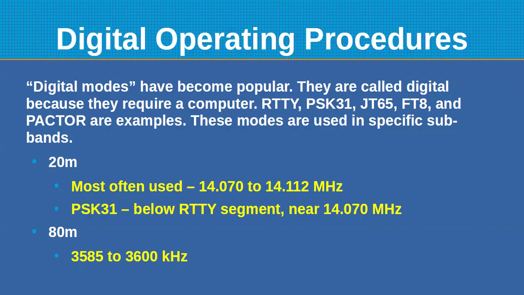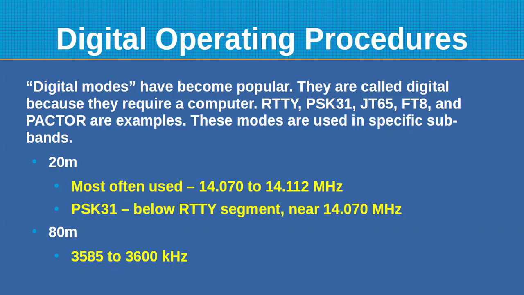It's not part of the WSJT-X suite, because it uses phase shift keying as opposed to frequency shift keying. On the frequency shift keying, like for FT8, they call it audio frequency shift keying.